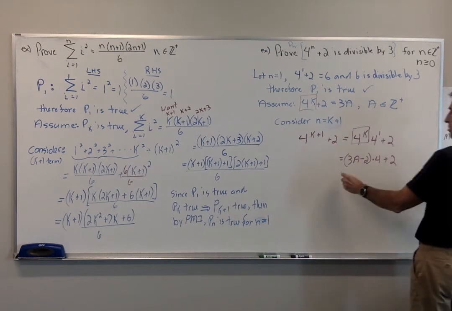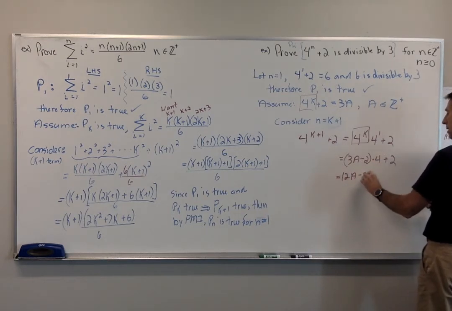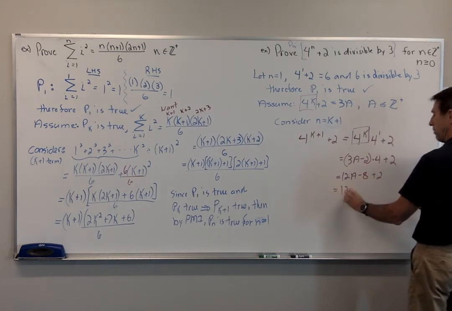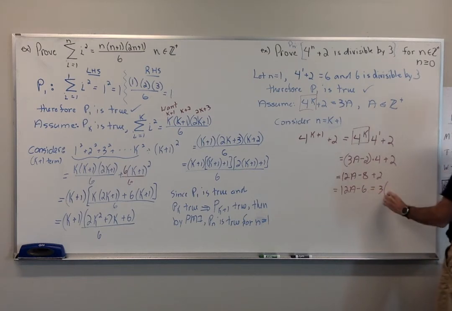If we play with this a little bit, we get 12a minus 8 plus 2, which is going to be 12a minus 6, which can be 3 times 4a minus 2.